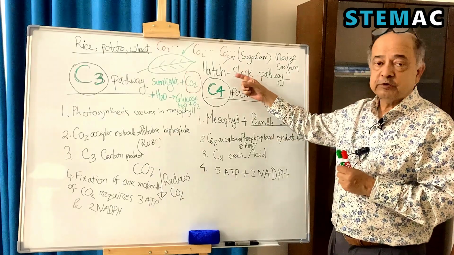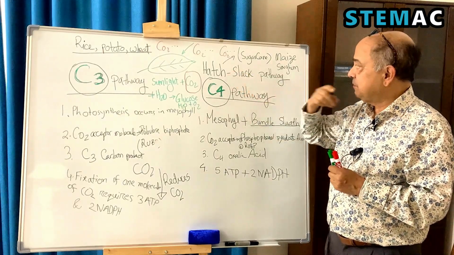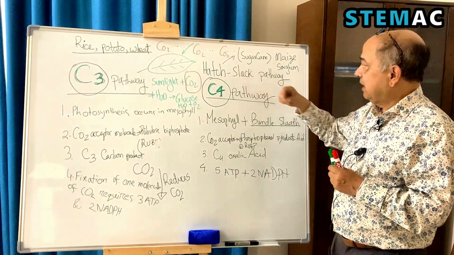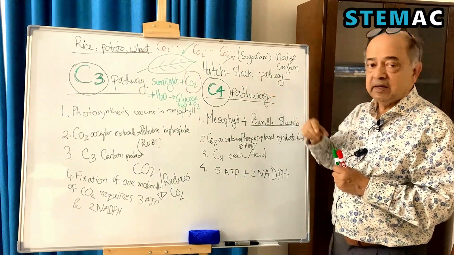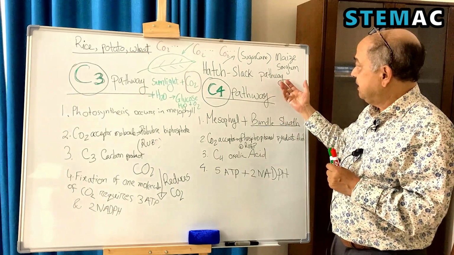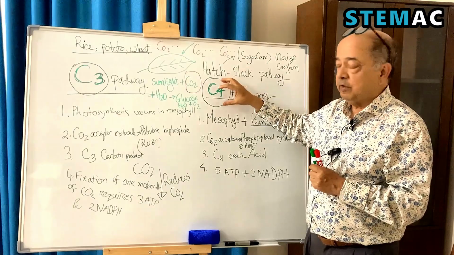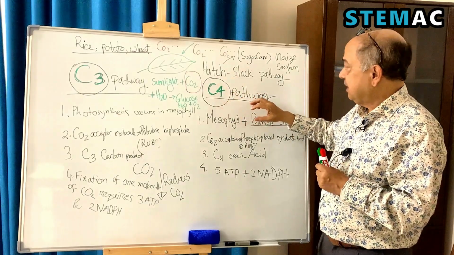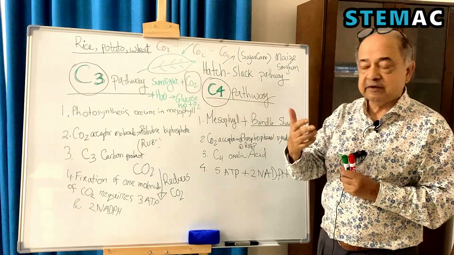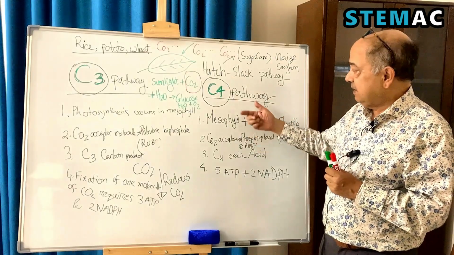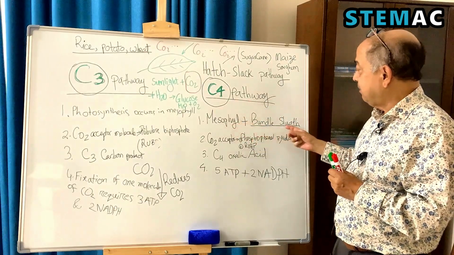Then one of my close colleagues in CSIRO, Hal Hatch, and his colleague Slack, this discovery took place in Australia in sugarcane. They found that there was another pathway, which is the C4 pathway, that is much more efficient. And the reason it's efficient is that the reaction takes place in mesophyll and bundle sheath as well.